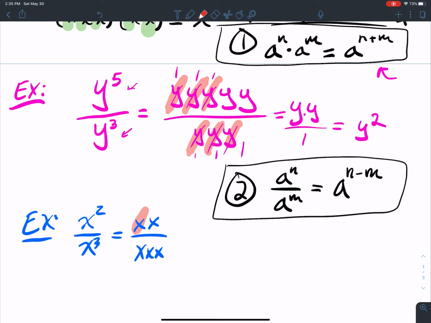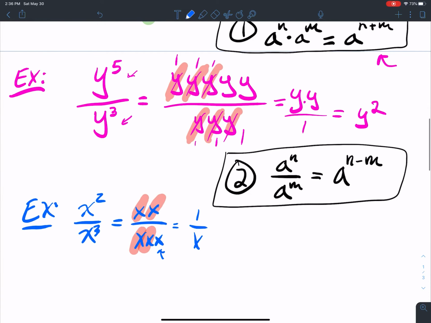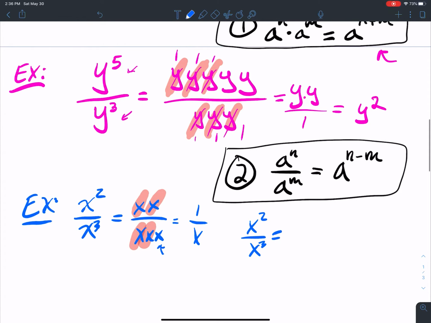The fight with 3 wins by how many? 1 left over. So what do I have? I have 1 over x. But if I used my rule here, I'd have x squared divided by x cubed equals, what's the rule say? X to the 2 minus 3, right? When I do this, I get x to the negative 1.